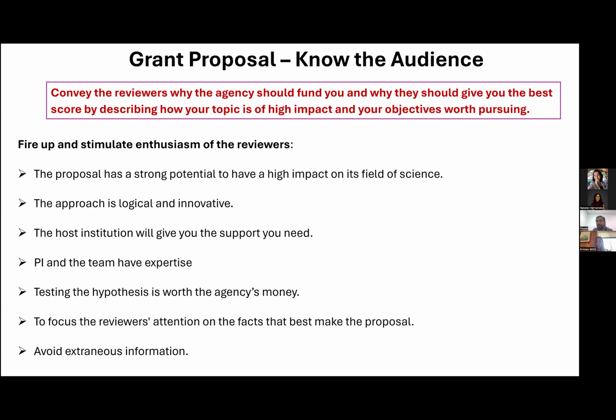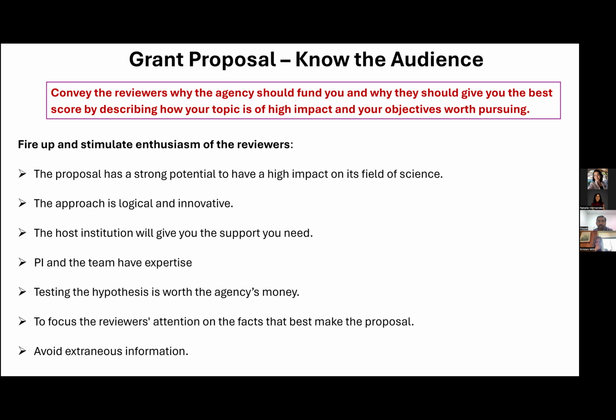And whether you have the environment to do the experiments and complete the proposal if it is funded, whether you have expertise, whether you have collaborations, and whether the money being requested for your proposal is worthy of being funded. So that is very important. Every dollar amount which we request from the grant should satisfy the mission of the funding agency. So that is very, very important.